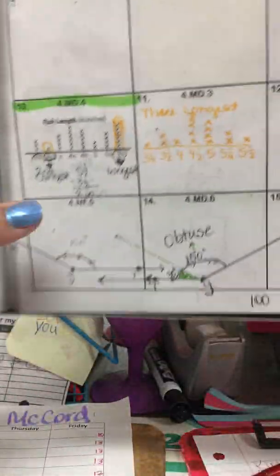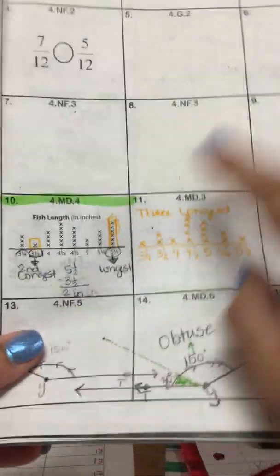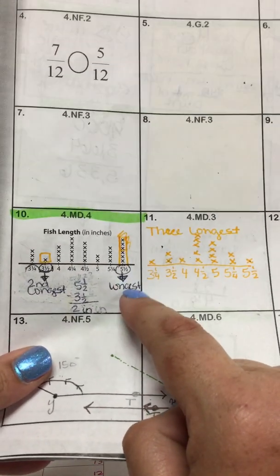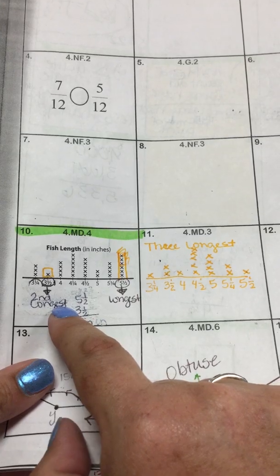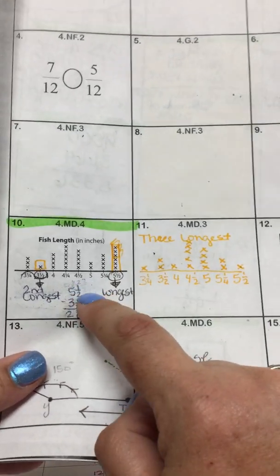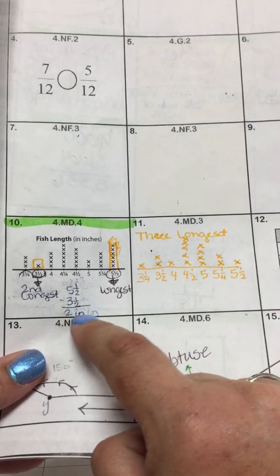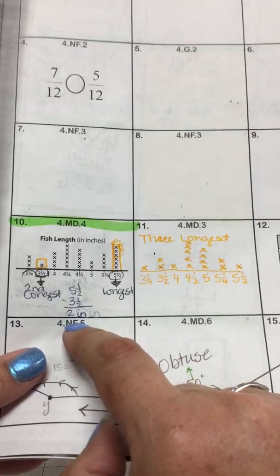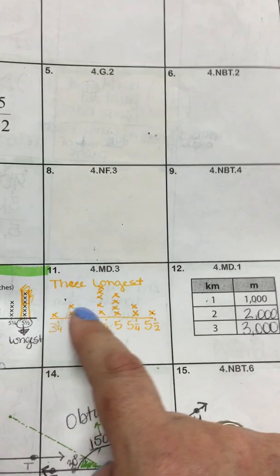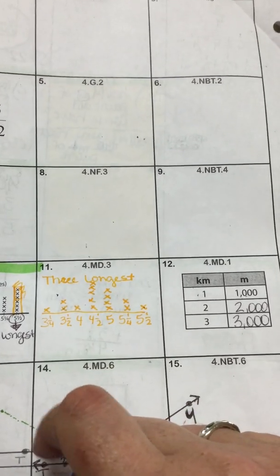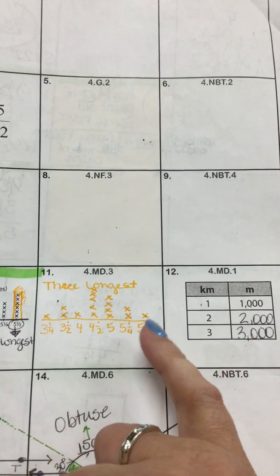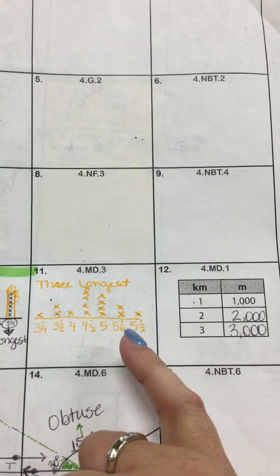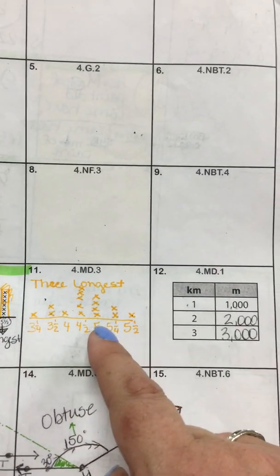And the last one. What they had was the difference between the longest and the second longest fish lengths. So that was 5.5 minus 3.5, which gave us a 2-inch difference. Looking at this one, what if we had the 3 longest fish and we had to find the total length?